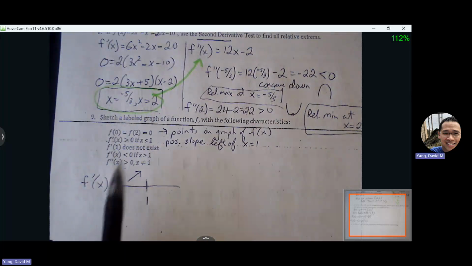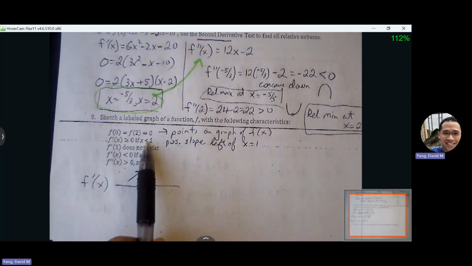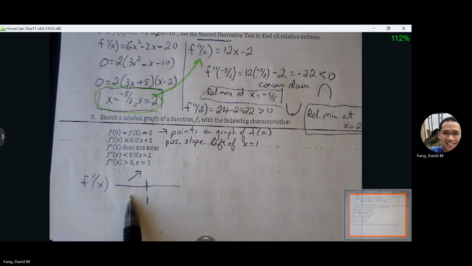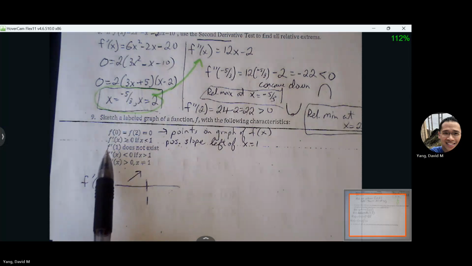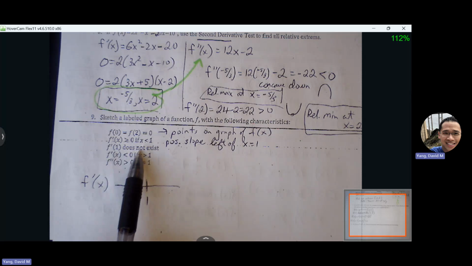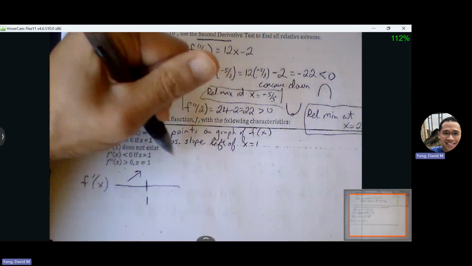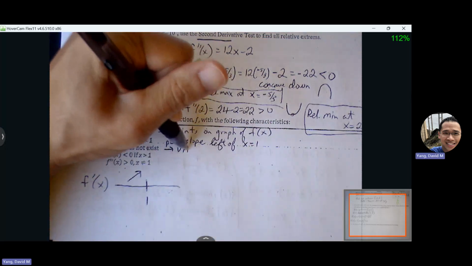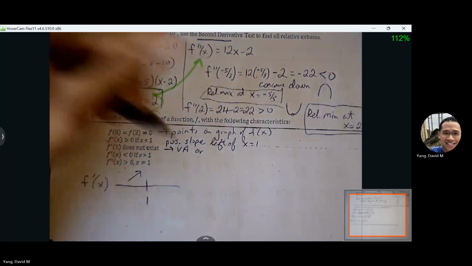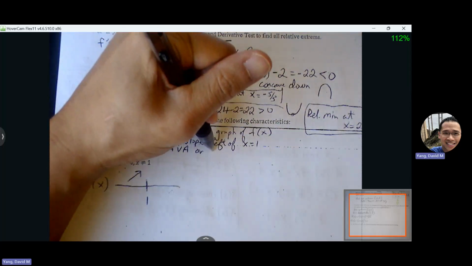We can get this to show up, right? Positive slope to the left of 1. Interpreting that statement into a sign line. f prime of 1 does not exist. What does that mean? Good. There's two options. It could be a vertical asymptote or it could be a sharp turn.